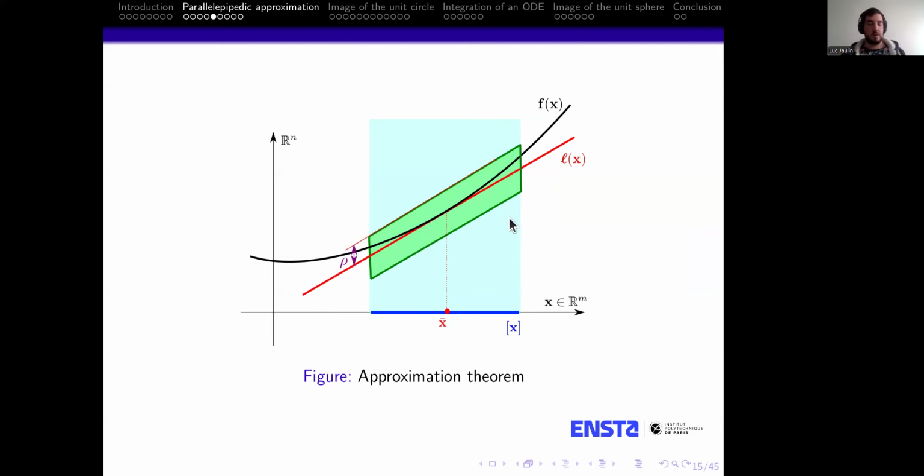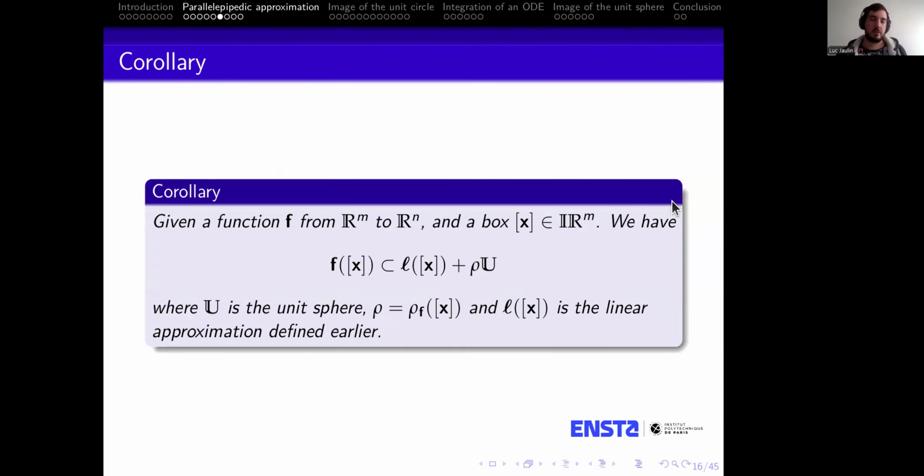What will be useful for us is not only the theorem, but most importantly the corollary of this theorem. If I consider once again a function f and the box x, then the image of my box x by the function f is included in the Minkowski sum of my linear approximation evaluated on the box plus rho u, u being the unit sphere, and rho being the maximum error that I characterized earlier.